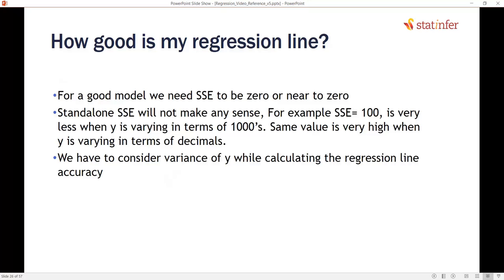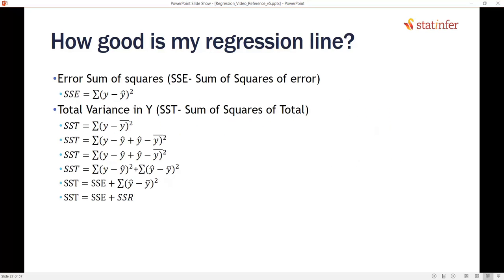So what do we do? How do we find how good our regression line is? Try to understand this derivation. It's a small derivation that will tell us the goodness of fit of a regression line. Here is what we said: SSE, that is y actual minus y predicted whole square, the sum of squares of error, should be least for a given regression line so that we can call it a good regression line.